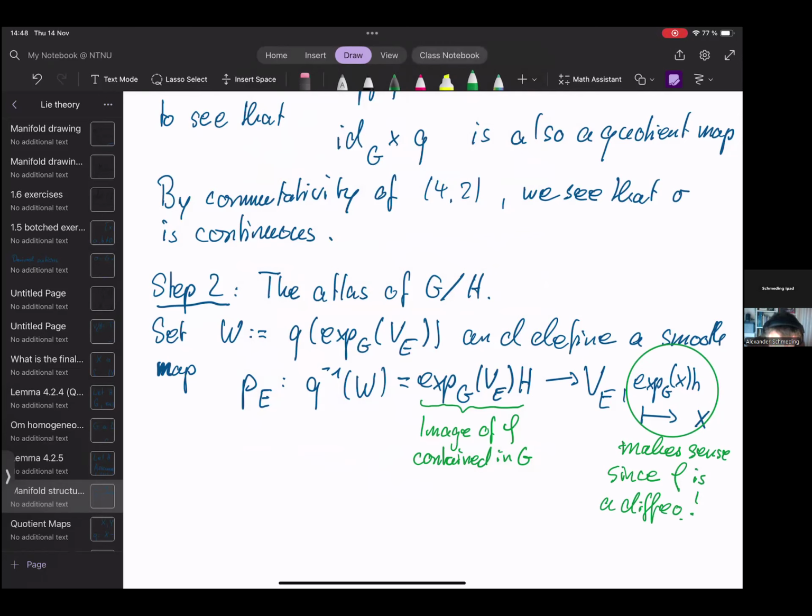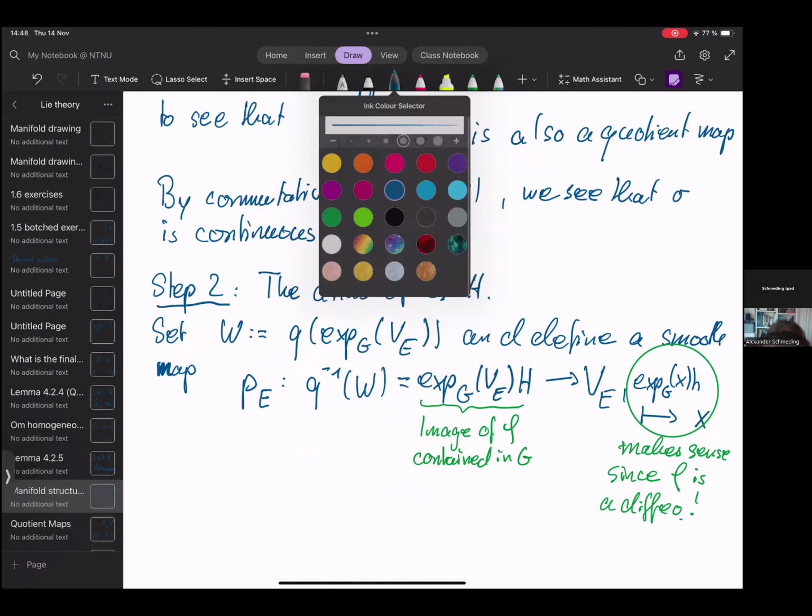Okay, and let's see what we can do with this smooth map. So notice that we also get smoothness from this fact, because of what we are doing in the construction.